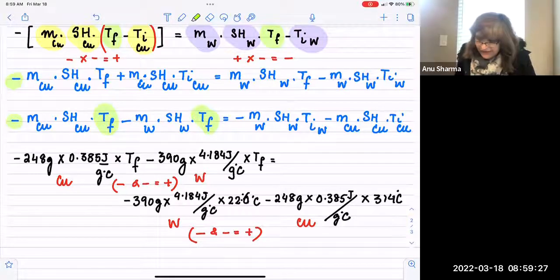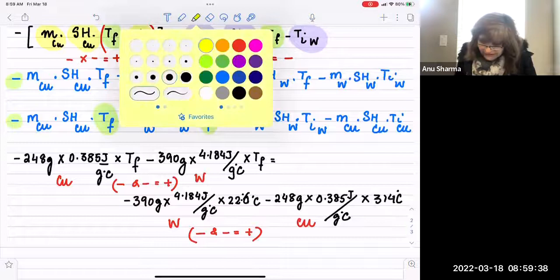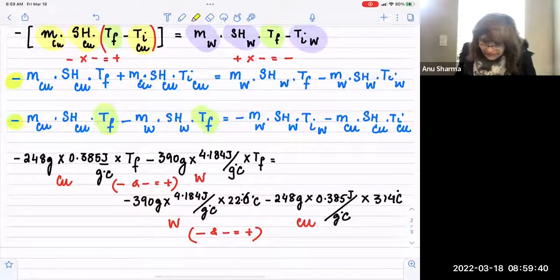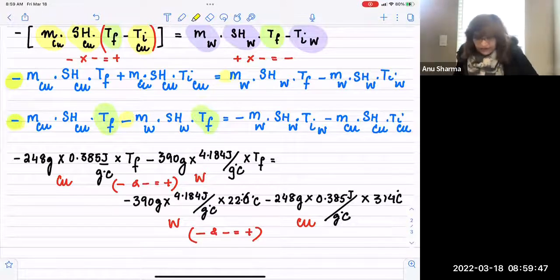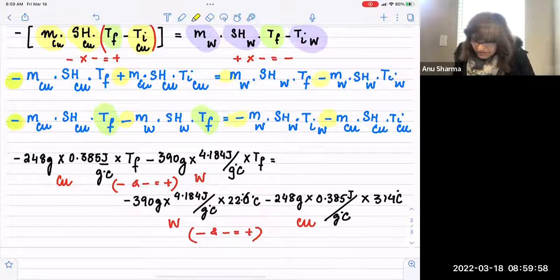When this T final from the water side, which is positive on the right-hand side, comes to the left-hand side, it becomes negative. So just pay attention to these signs, otherwise it becomes tricky. On the other hand, when you move the positive copper initial term to the left-hand side, that becomes negative. So pay attention to that. And this was initially negative, so this remains negative.